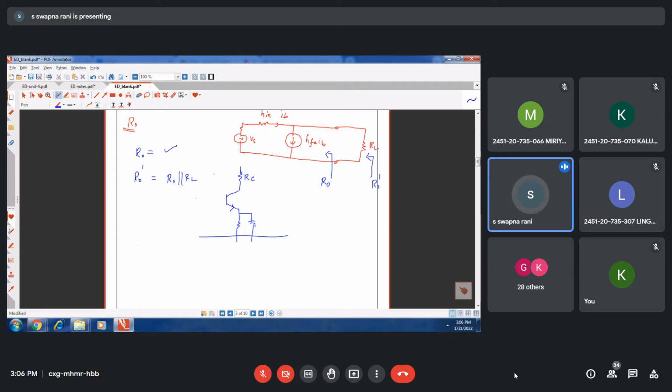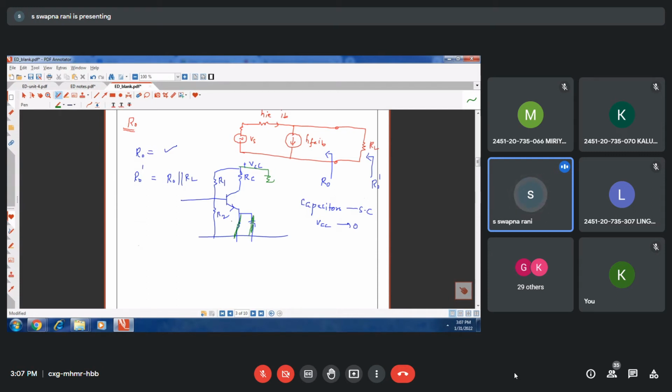Suppose you are given a biasing circuit in the exam, and asked to analyze the amplifier with some biasing circuit, then first you have to make the DC sources zero. I told you in the last class: wherever capacitors are there, short circuit them, and set the DC sources to zero. Capacitors short circuit, VCC set to 0. So then I connected this VCC to ground, I short circuited this. So this also will get short circuited.